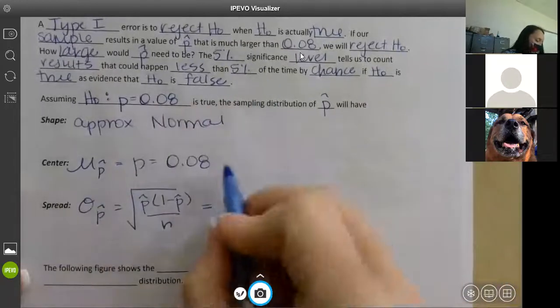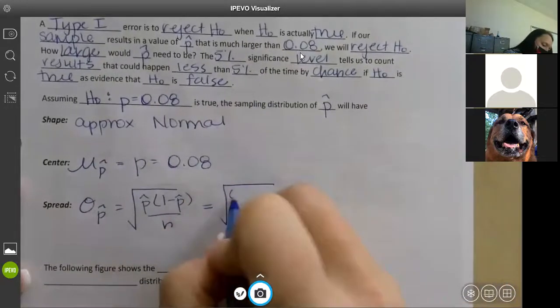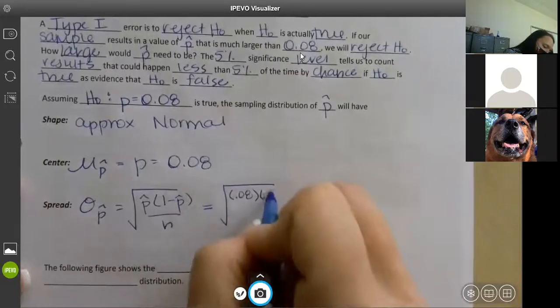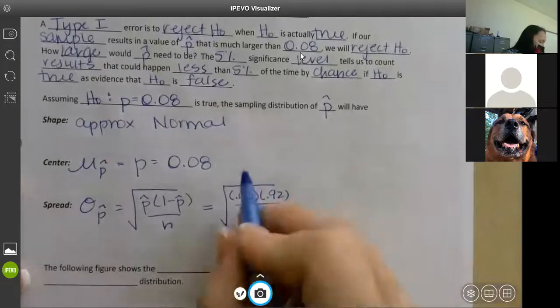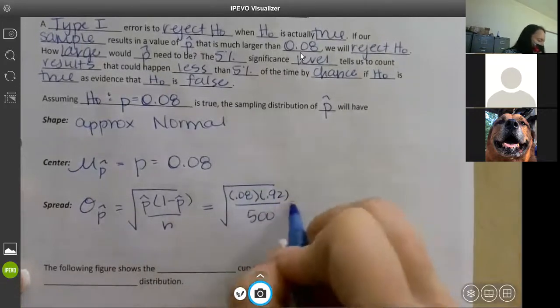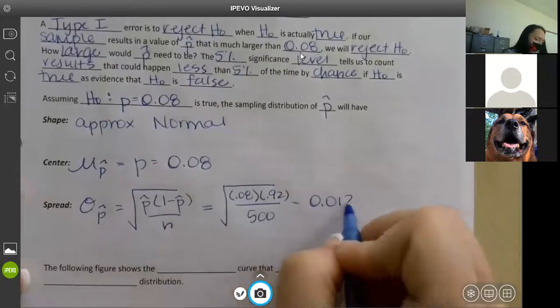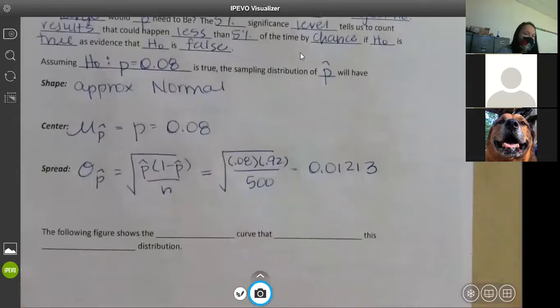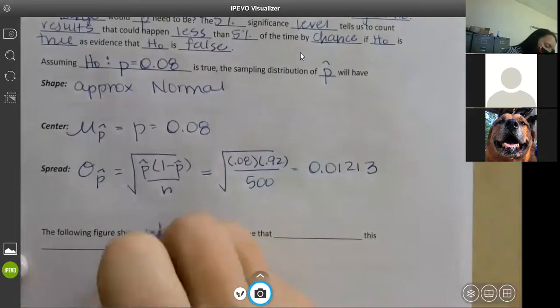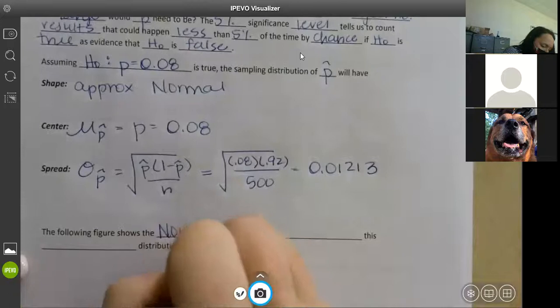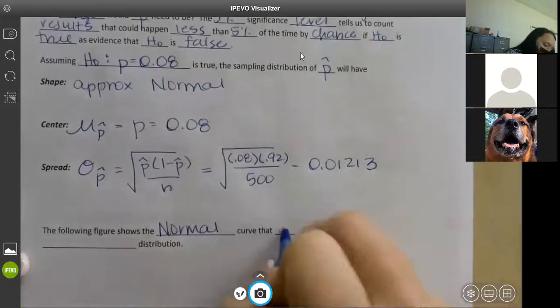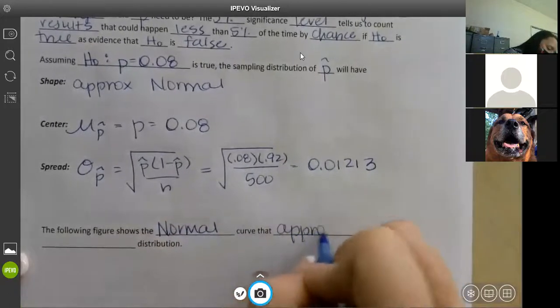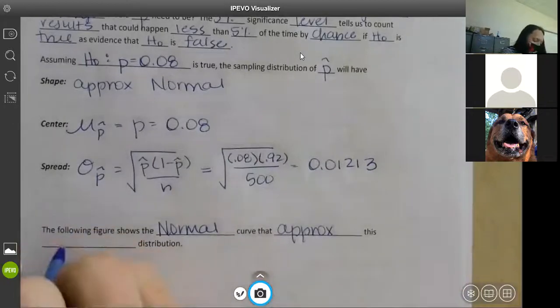All of that is in the problem. So 0.08, 0.92, and our n was 500. We said that in the beginning. So the following figure shows the normal curve that approximates this sampling distribution.